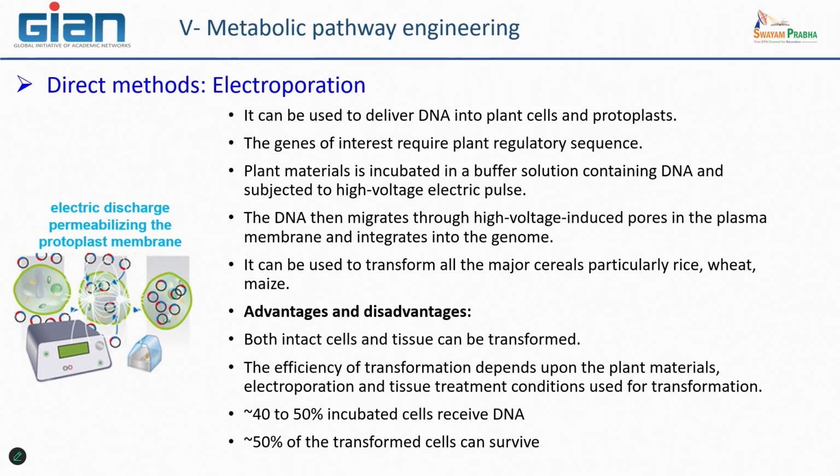And if you have some DNA in the medium of your protoplast, at this moment you can have some DNA that enters the protoplast. After that, you have to wait for the cells to regenerate the cell wall, and after that cultivate these new cells in an in vitro culture system in order to see what happens.